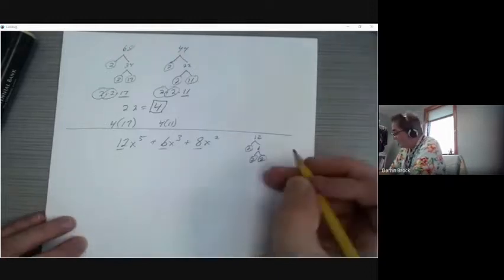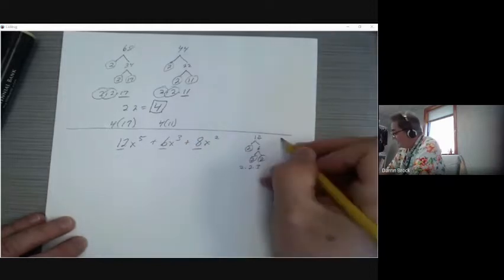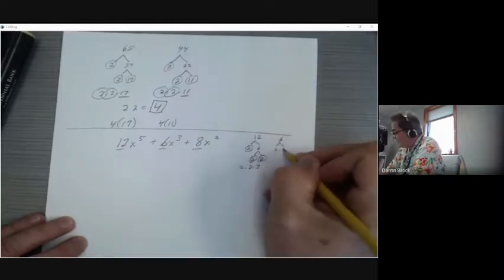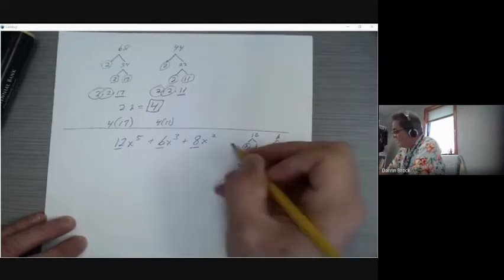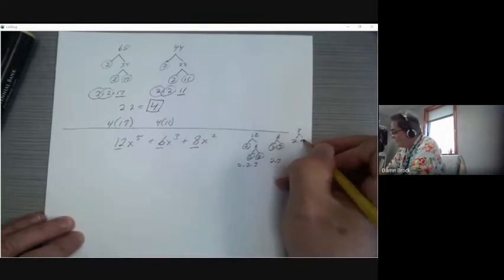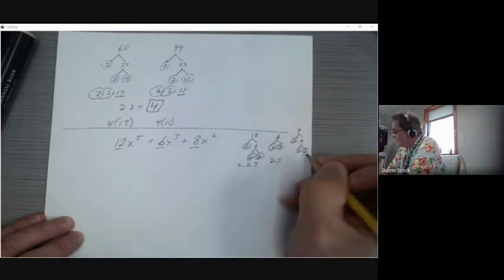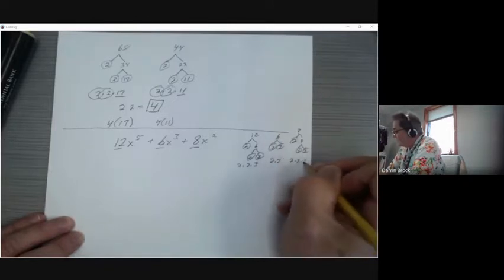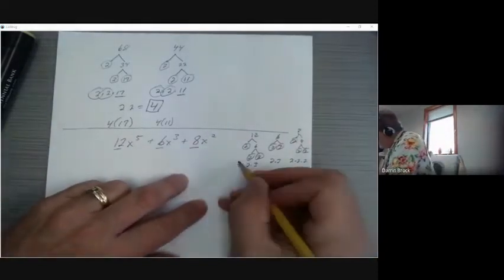Those are all prime numbers. 6 is just 2 times 3, right? Those are both prime numbers. And 8 is 2 times 4, and 4 is 2 times 2. So 8 is 2 times 2 times 2. So there's all the prime factors of those. And what do they have in common? They all have a 2.